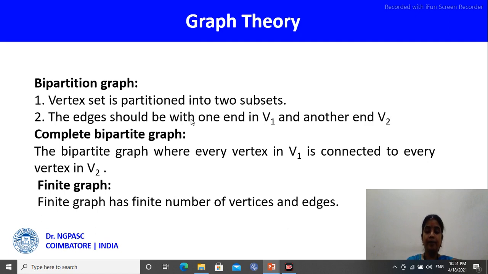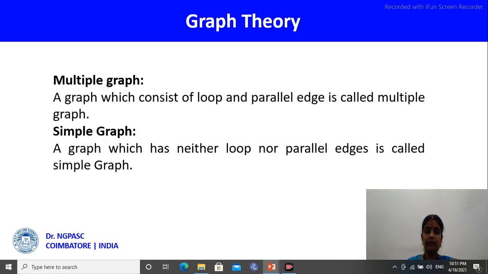A bipartite graph where every vertex in V1 is connected to every vertex in V2 is called a complete bipartite graph. Finite graph: a graph that has a finite number of vertices and edges is a finite graph.